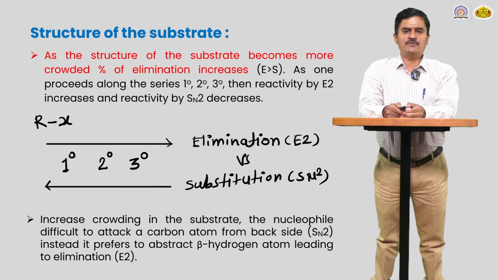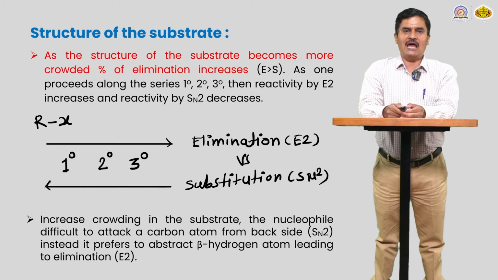As the structure of the substrate becomes more crowded, the percentage of elimination increases. It means if the starting compound is more crowded, then the percentage of elimination reaction is more as compared to the substitution reaction. As one proceeds along primary, secondary, tertiary, the reactivity of E2 increases and the reactivity of SN2 decreases.